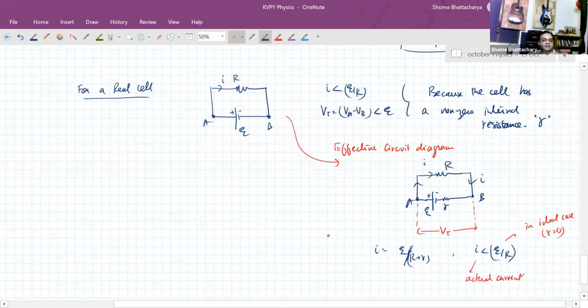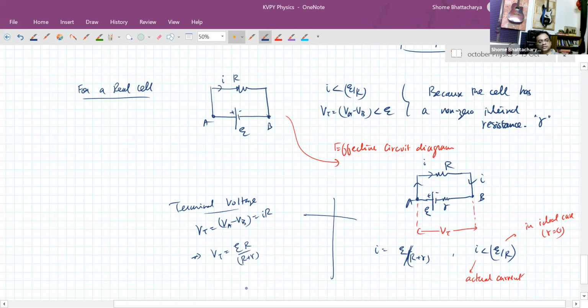And that is why in that circuit you can see that the terminal voltage, which is the voltage difference between A and B, is equal to I into capital R. So if you substitute the value of I from there, you can see the terminal voltage becomes this.